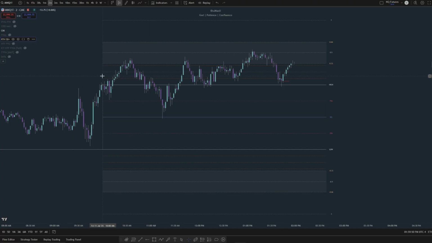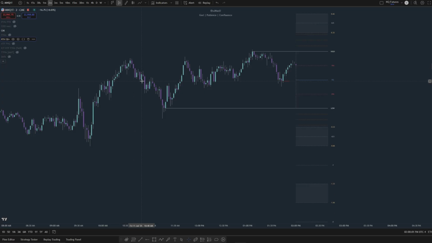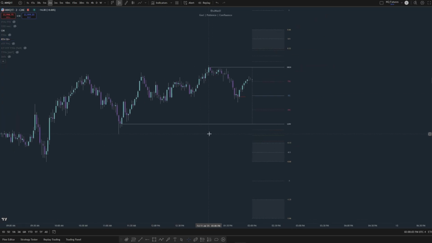Well, the 4-hour candle starts at 10 a.m. for the New York session, like a new 4-hour candle. So we opened up here, and at this point you can take a trade based off rejecting this level as long as you show the momentum down. But that's the idea behind it. And this is the start of a new 4-hour candle right here.